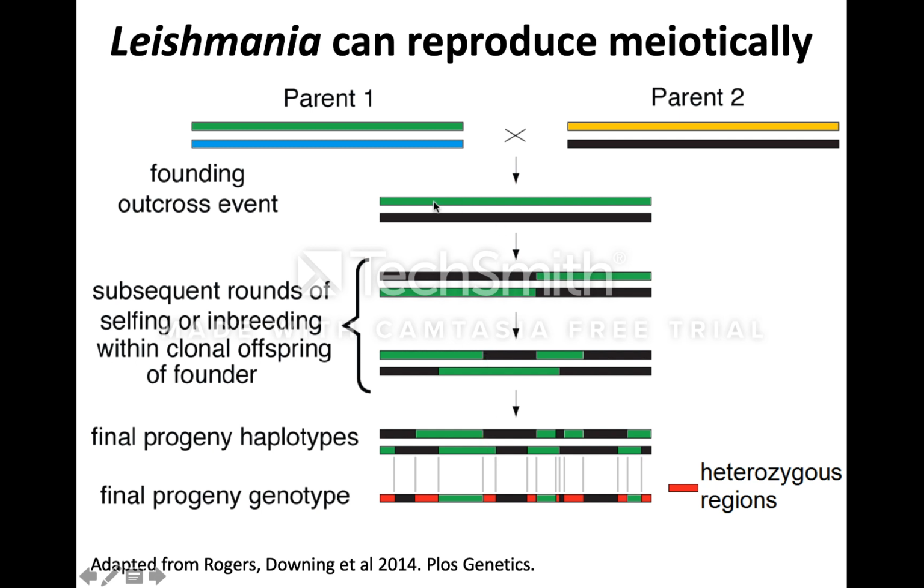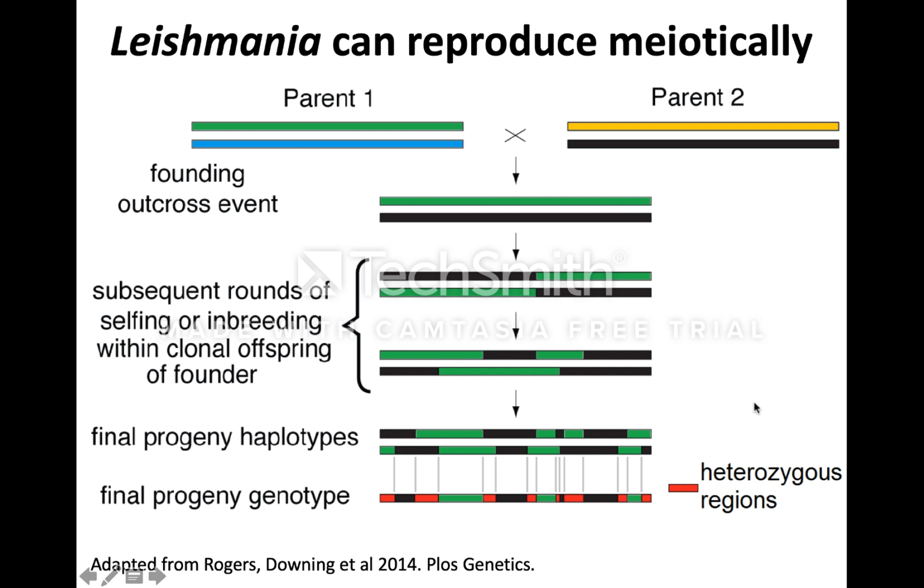What this will result in is that initially we had progeny that were uniformly heterozygous up here, but after multiple rounds of breeding between the progeny, what we'll find is some segments down here for this pair of chromosomes in a single sample is that some parts are black, some parts are green only, and some parts are heterozygous, shown by the red parts, so they're green and black.